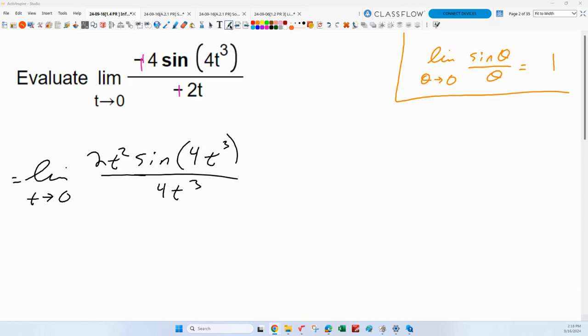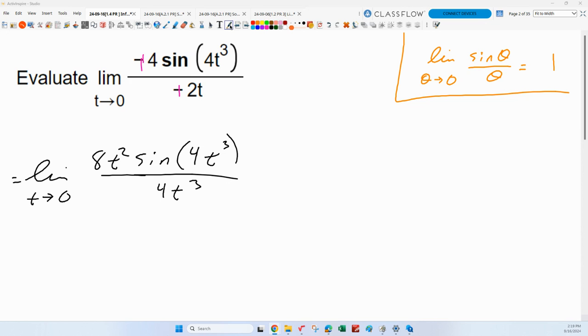And that's still there, you're right. So that's going to be an 8, isn't it? You're right. I multiplied top and bottom by 2t squared, right? Everybody good?